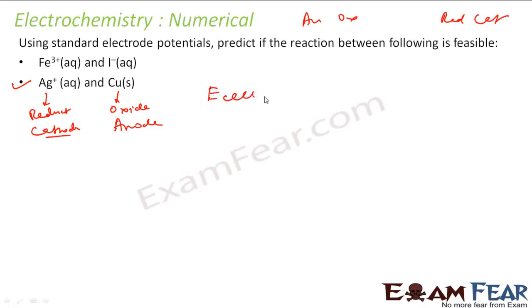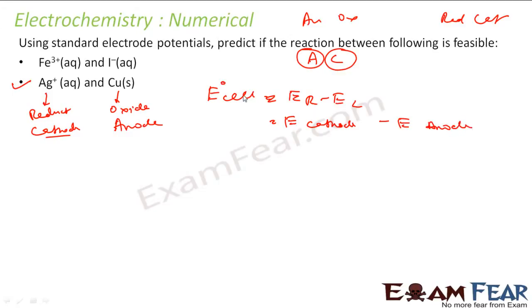E cell we assume is nothing but E of right minus E of left, and we have anode on the left, cathode on the right, that is E of cathode minus E of anode. Since we are talking of standard, let's put E0 in all the places.